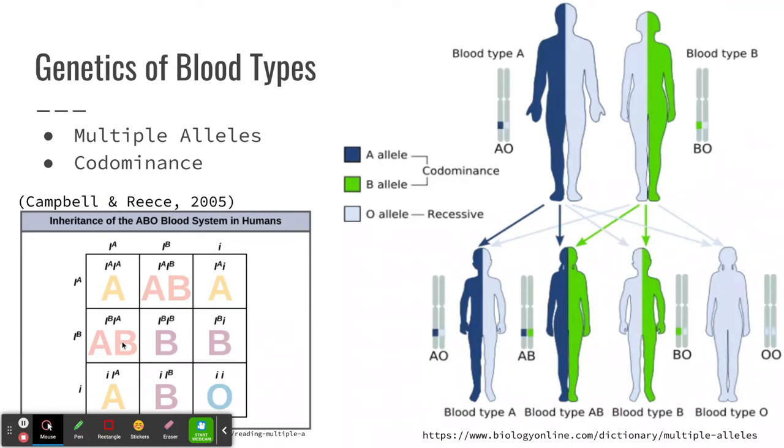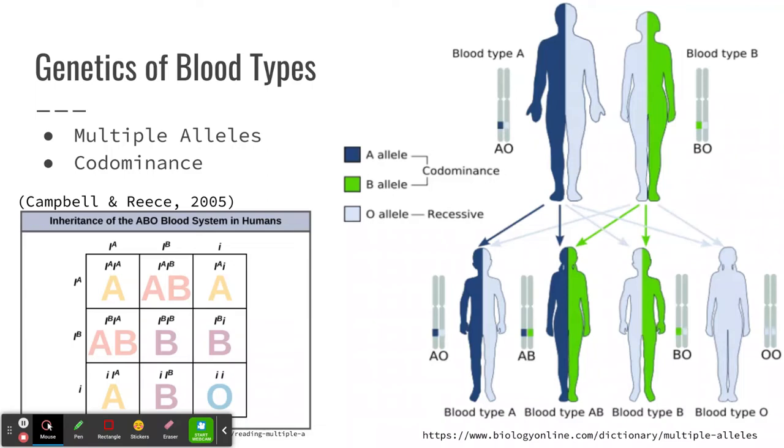All right, so the genetics behind this. There's a couple pieces that are pretty important to point out. The first is that blood type is what we call multiple alleles. So this means that the blood type is determined by multiple alleles for the same gene.